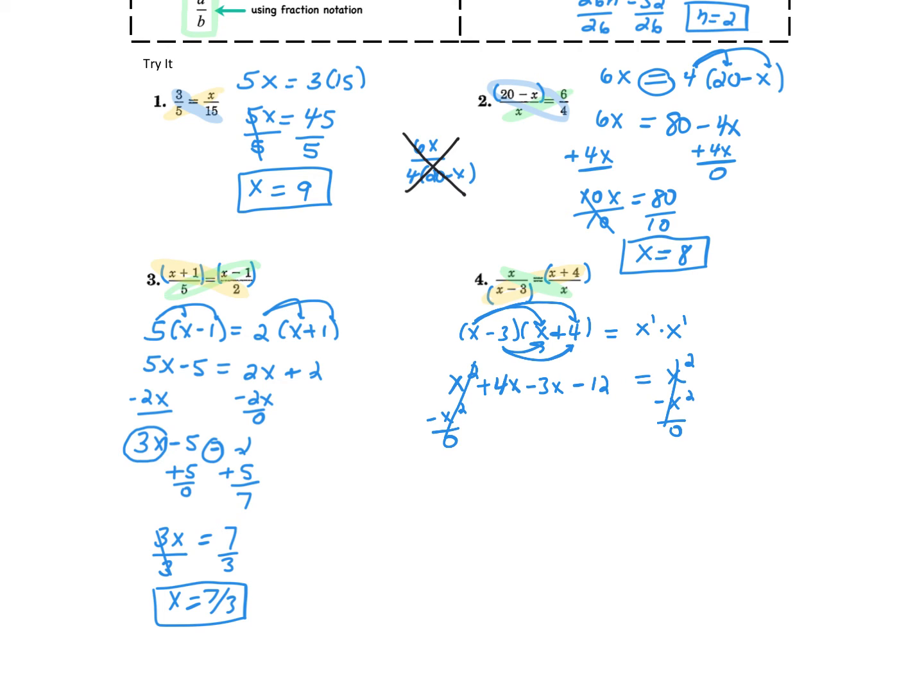In here, combine your like terms. 4x minus 3x is 1x, or just x, minus 12, and it's equal to 0 now. Take and add 12 to both sides of your equation, and we end up with x is equal to 12. Final answer. So we had a quadratic in there. We had x squared in there, but the x squared subtracted out, so we ended up just with x equals 12.